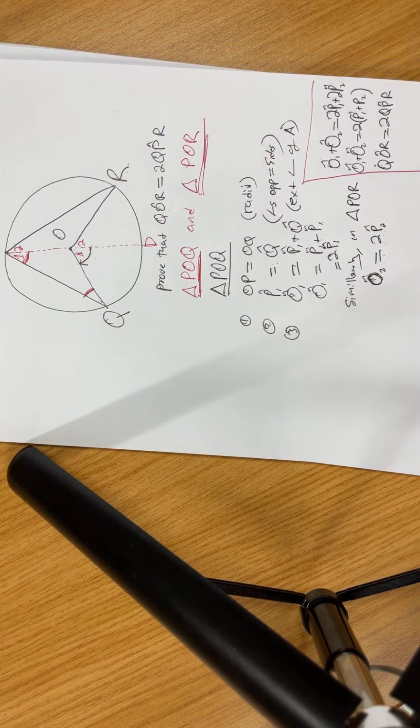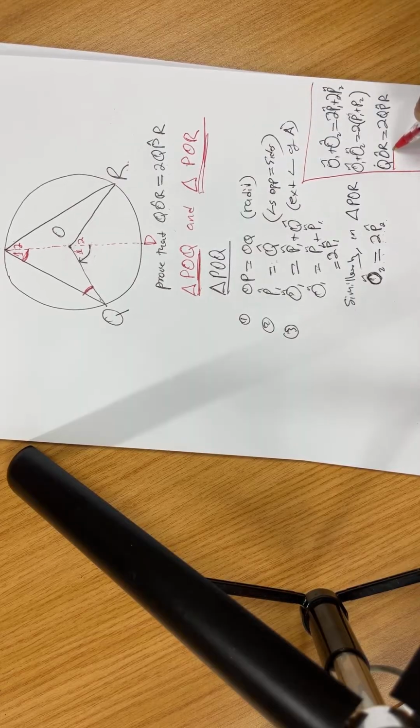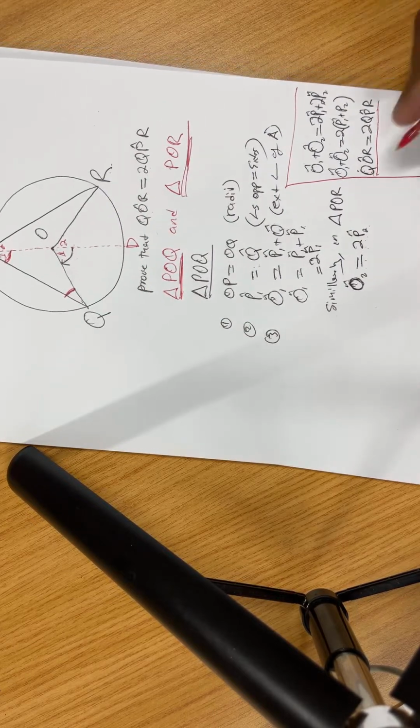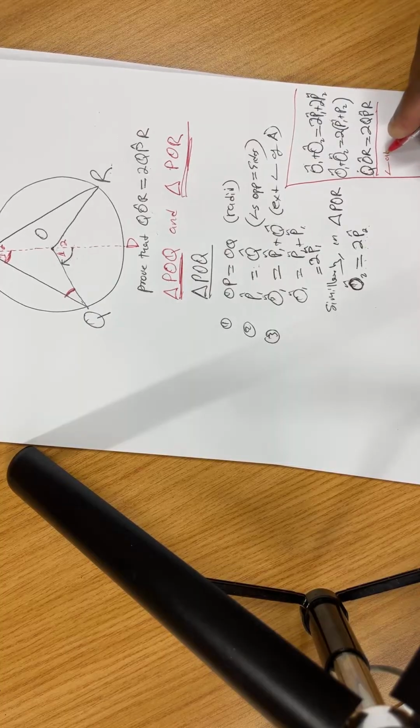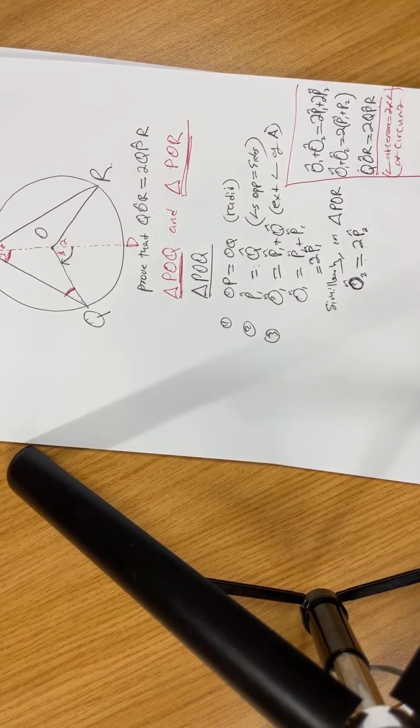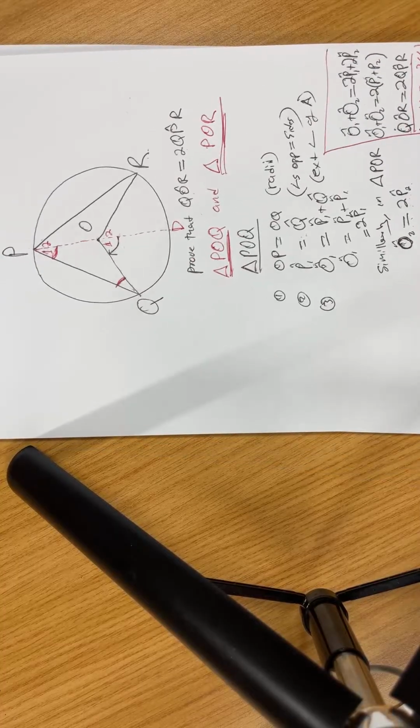Therefore, we have proved that angle QOR is equal to 2 times QPR. The reason is: angle at the center is equal to 2 times angle at the circumference. Done. We have finished proving our theorem.